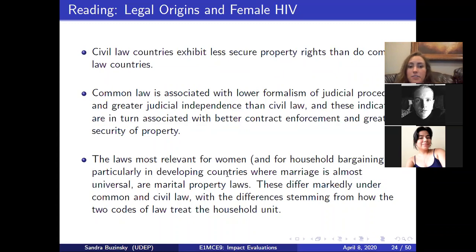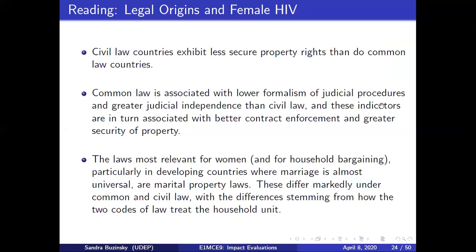And then on the common law side, common law is associated with lower formalism of judicial procedure and greater judicial independence. So basically, the process of law is less formal in common law than civil law. And these indicators are in turn associated with better contract enforcement and greater security of property.